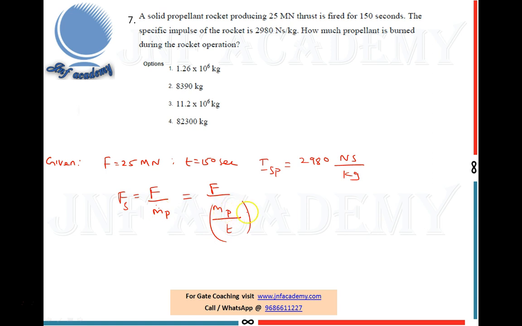M dot P is nothing but mp divided by T. From this equation we can easily get that mp is equal to F, thrust, into time, divided by specific thrust, right?